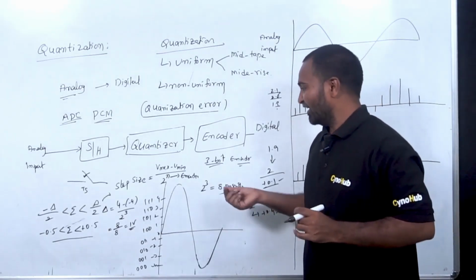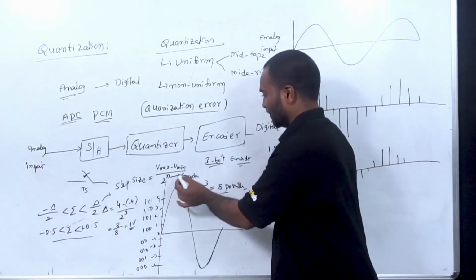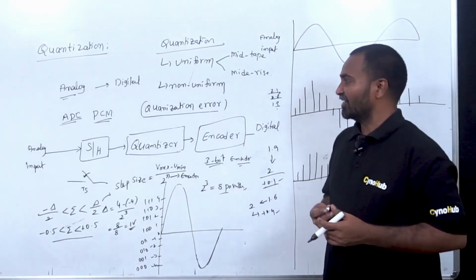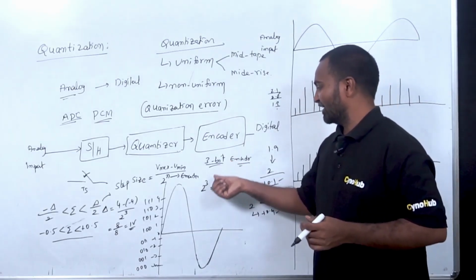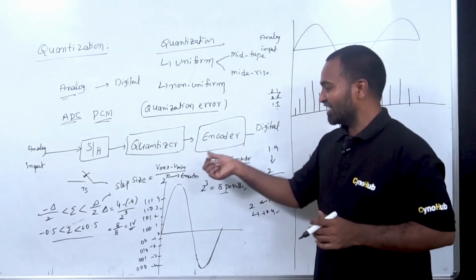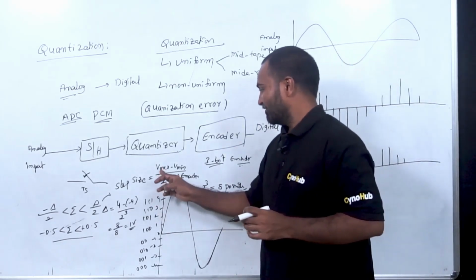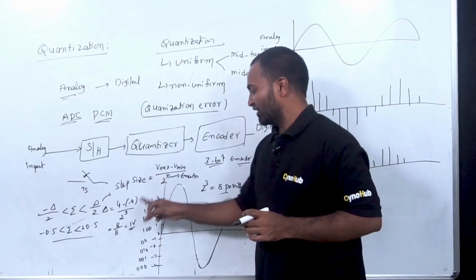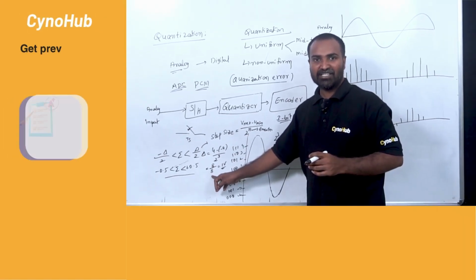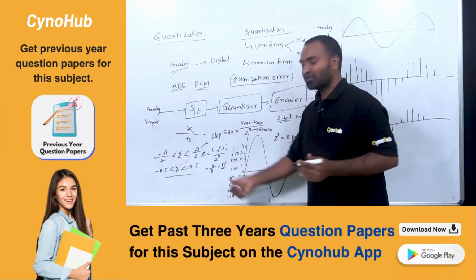The only way to reduce the quantization error is by increasing the encoder size. For example, in the same example, if you consider the encoder size is 4, then (Vmax minus Vmin) is 8, and 2 power n is 2 power 4, which is equal to 16. So the step size delta is equal to 0.5.